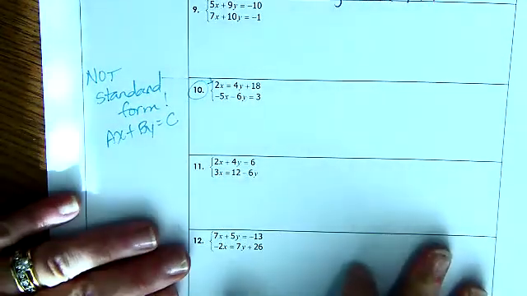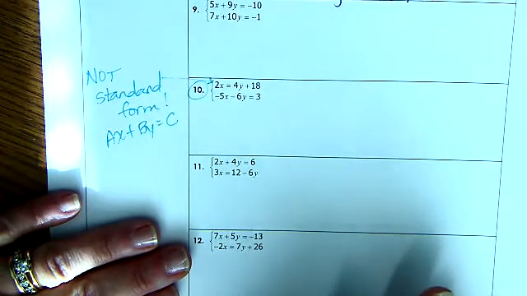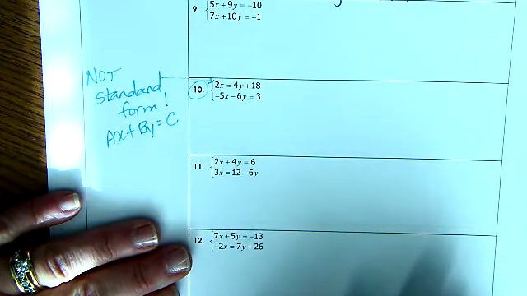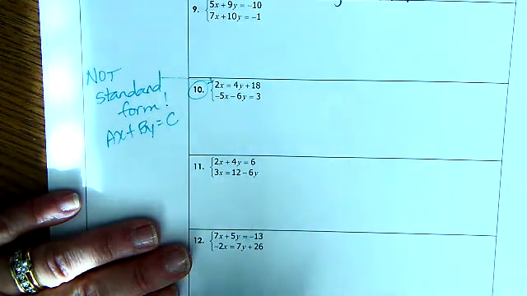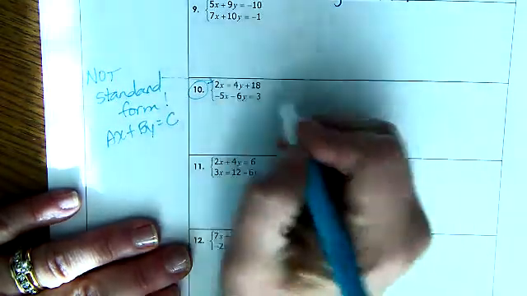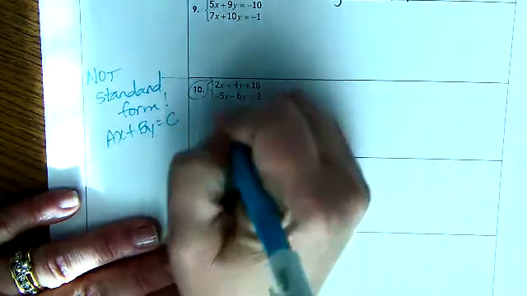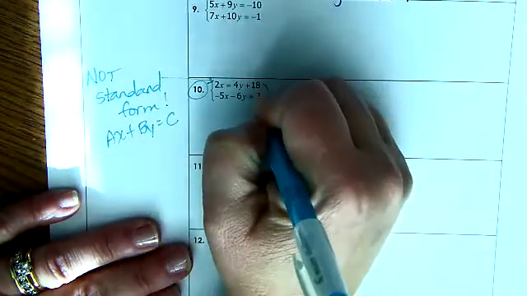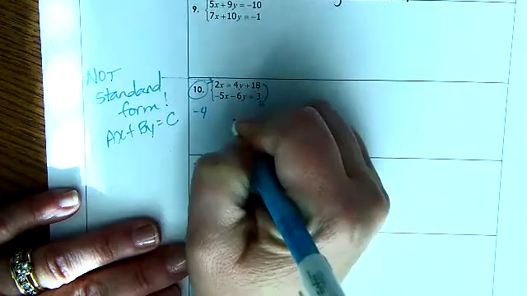Okay, so the first thing we have to do is rearrange it to standard form. So that's going to become -4.